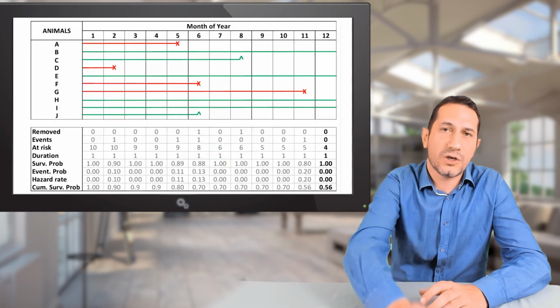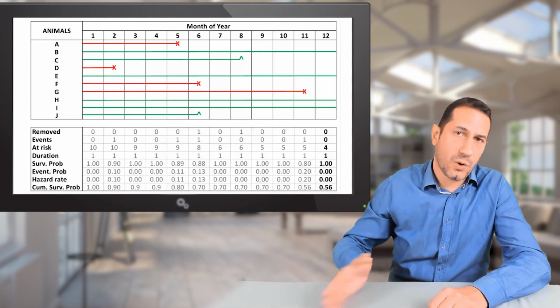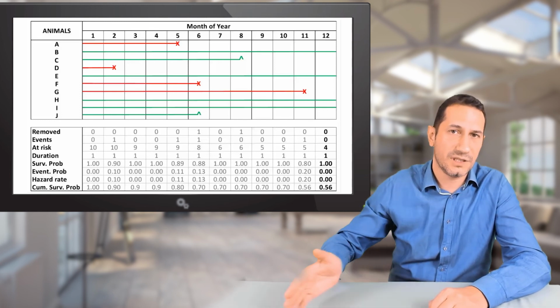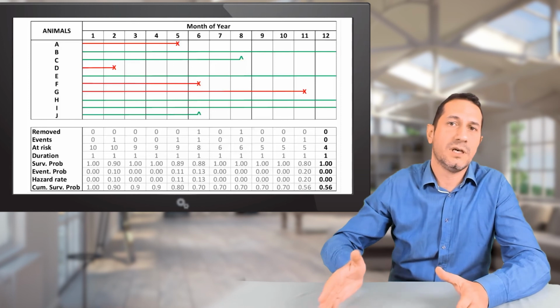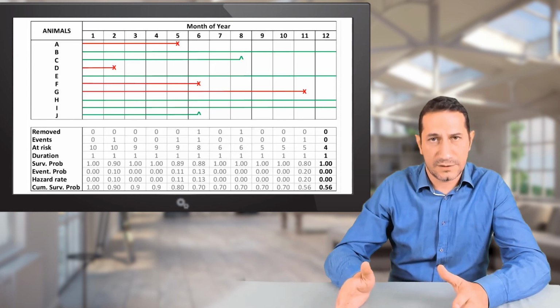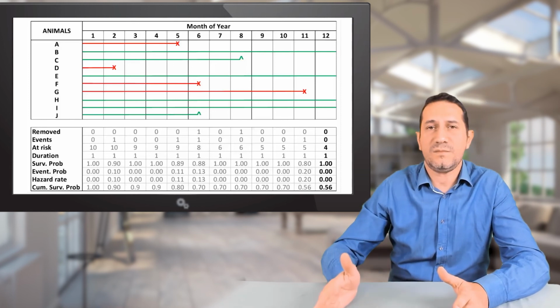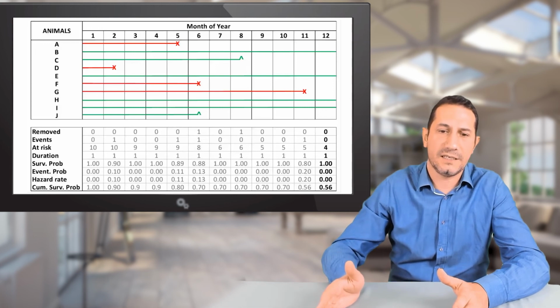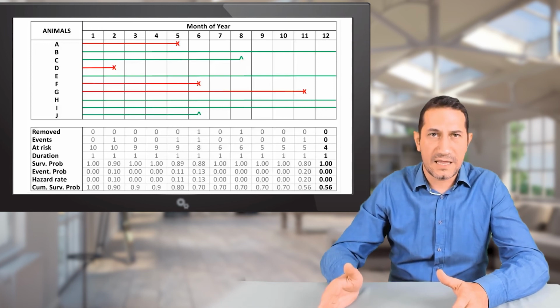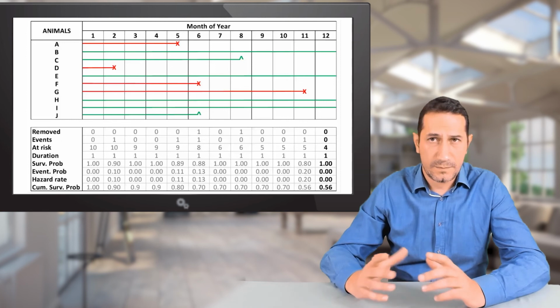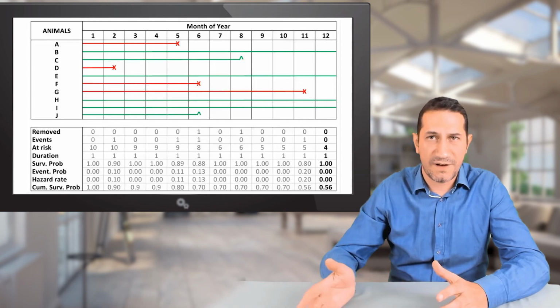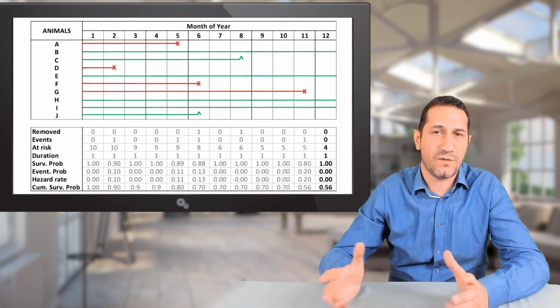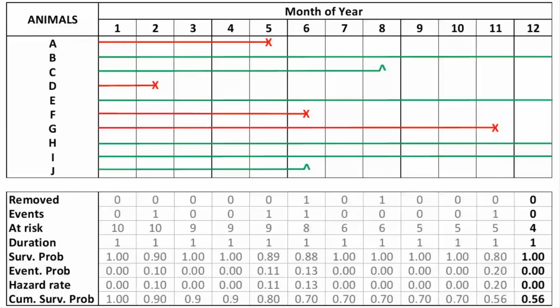And so on, we continue following up the whole herd of cows in the infected meadows with anthrax spores, and we go to the end of the study. And we see that at the end of the study, the cumulative survival probability of the herd has dropped down from 100% in the first month to 56% in the last month.